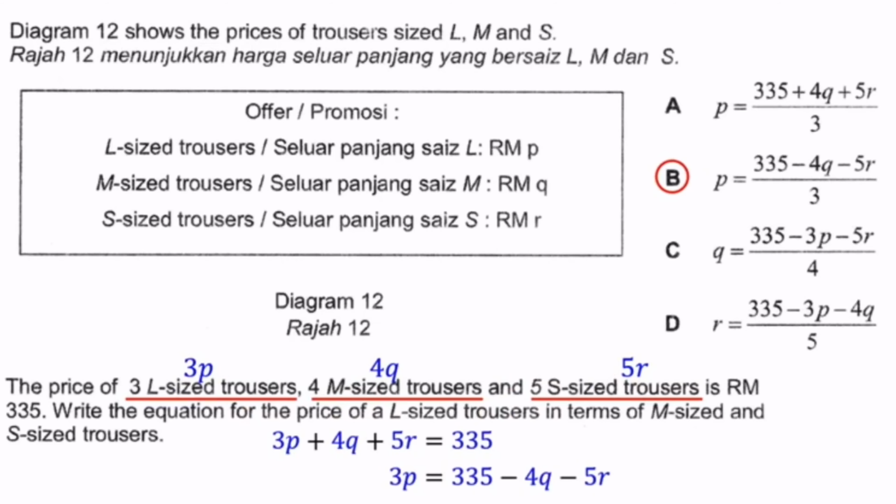So you just write an equation, 3P plus 4Q plus 5R equals 335, and then you have to shift everything except P. Okay, so the final answer, if you shift properly, is B.